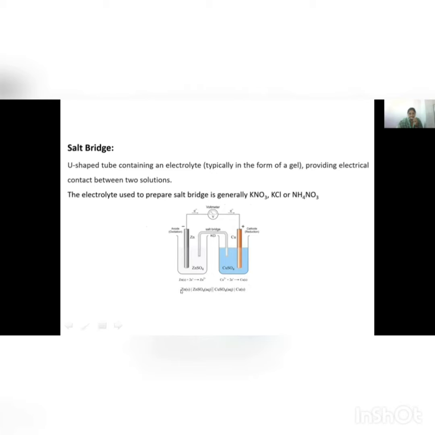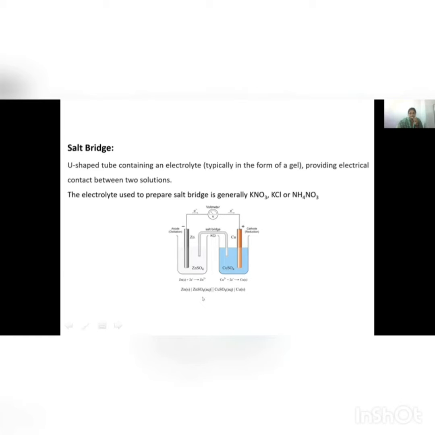We have to write the metal first and then the electrolyte, and these two are separated through a vertical line. And move on to the second, right hand side electrode, that is copper. Here we write the electrolyte first and then the electrode, and the same, these two are separated through a slash.